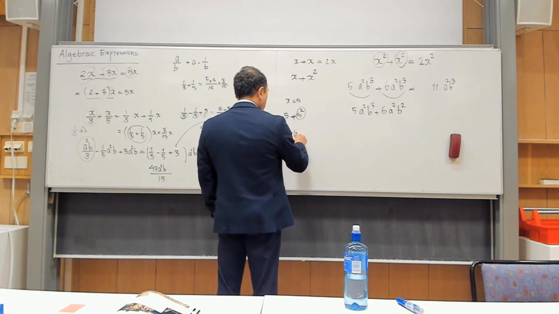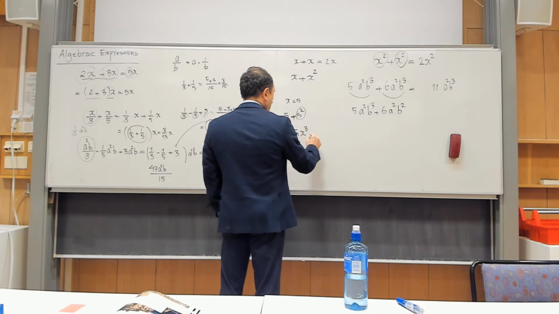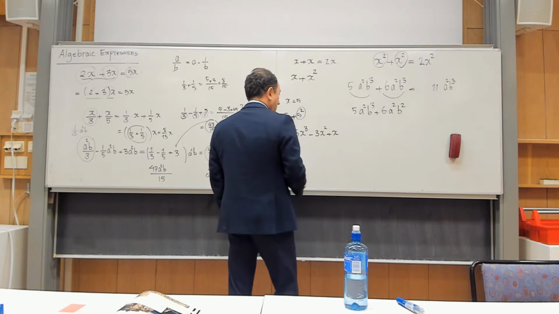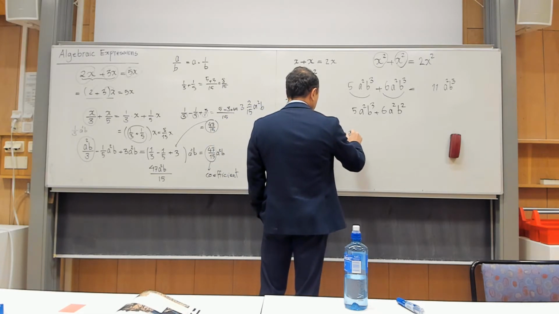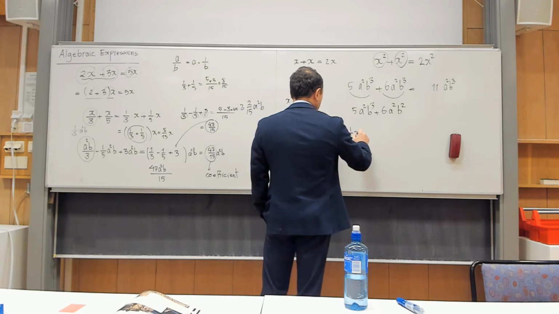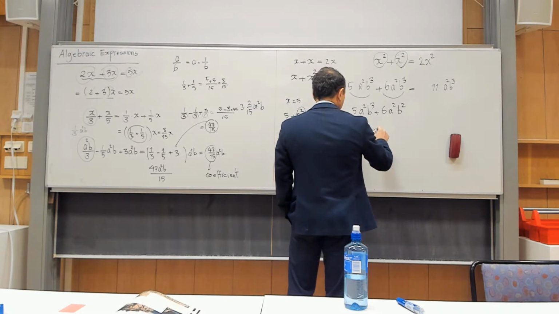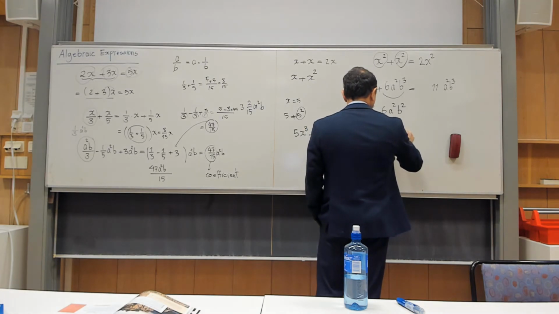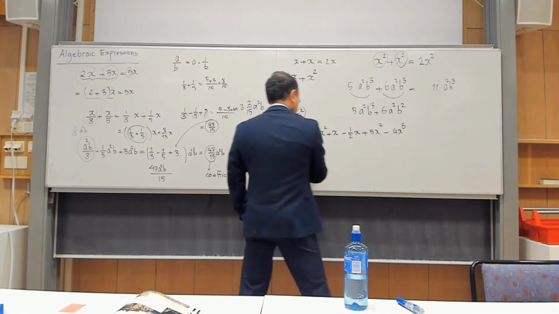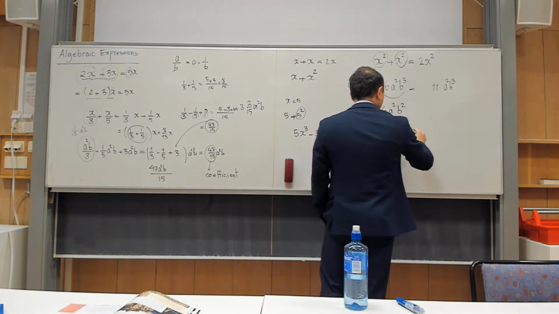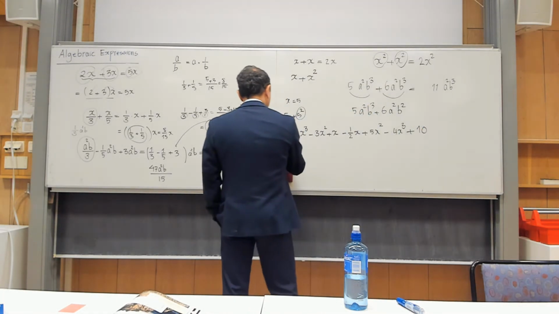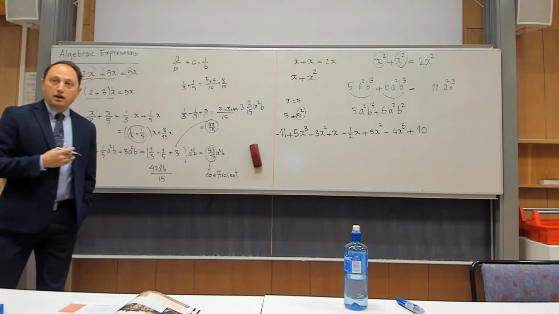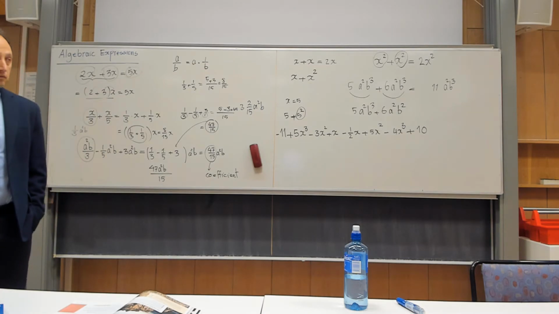I have 5x cubed minus 3x squared plus x, and then I have minus 1 over 2x plus 5x squared minus 4x cubed. So for example, I want to simplify this, and then let me add one number 10 here and minus 11 here. Something like this. I want to simplify this expression.